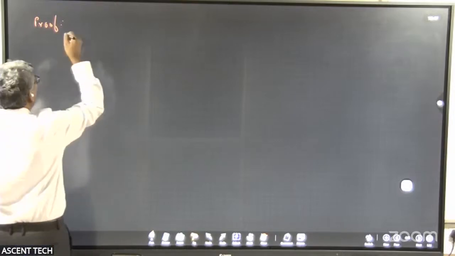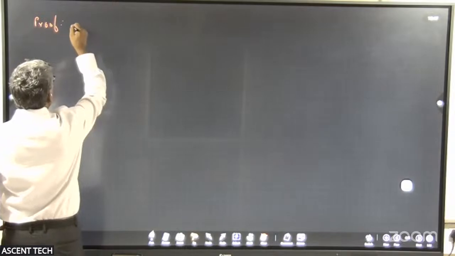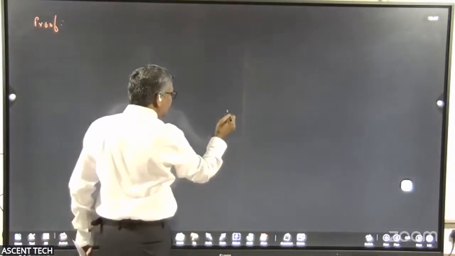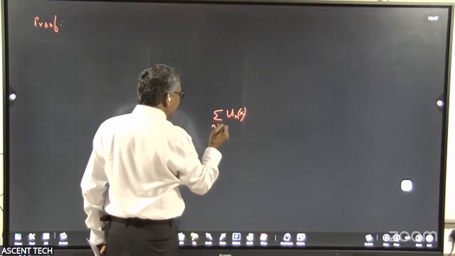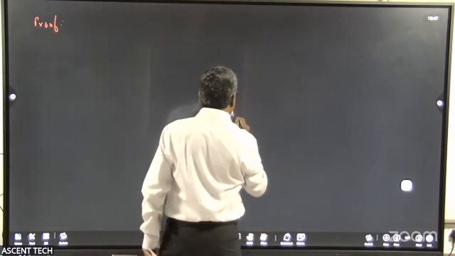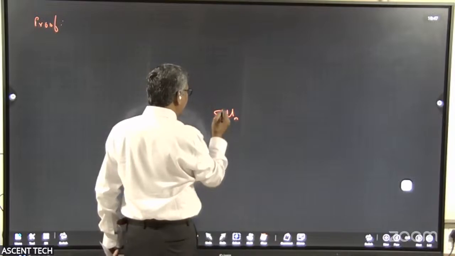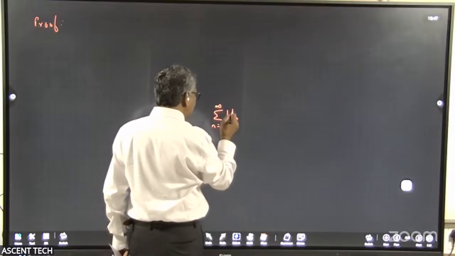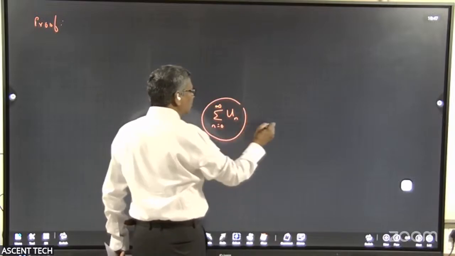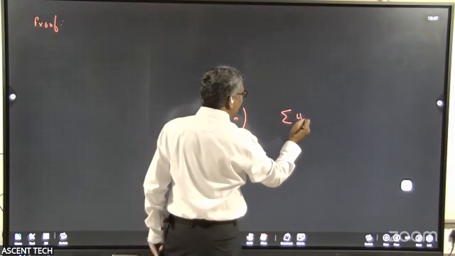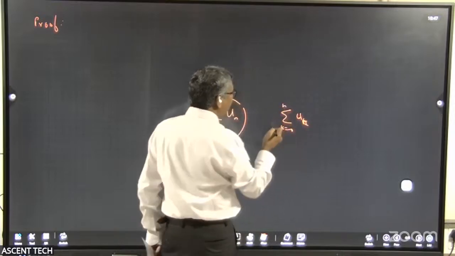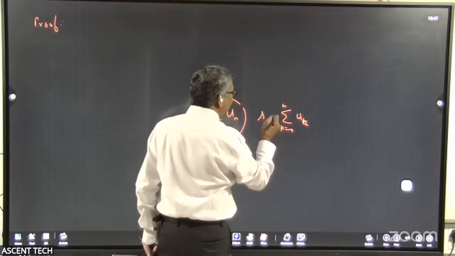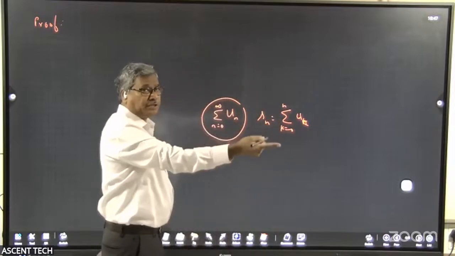I have a series of sigma un, right? So I go to the sequence of partial sums, maybe sigma uk, k equal to 0 to n, this is Sn. I have to show that Sn converges uniformly to some S.